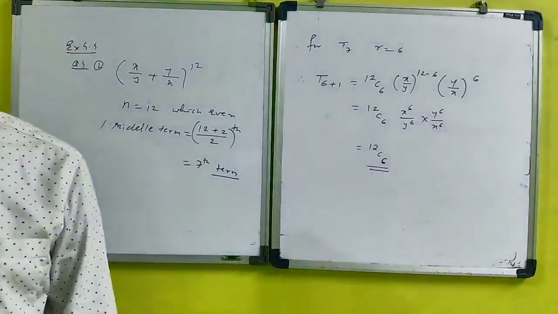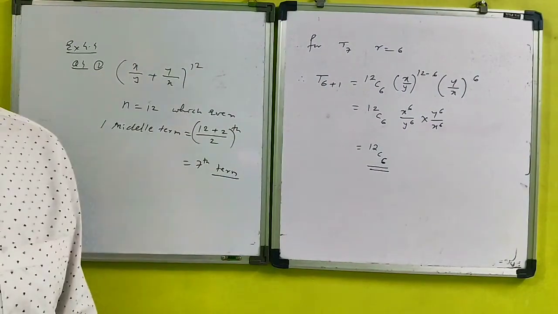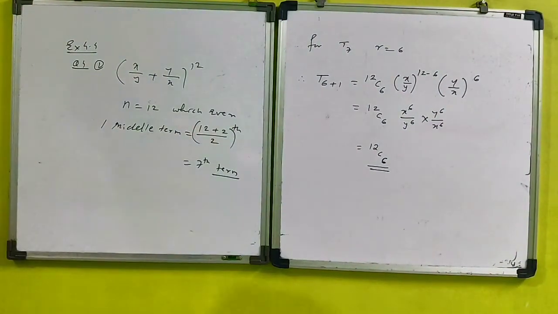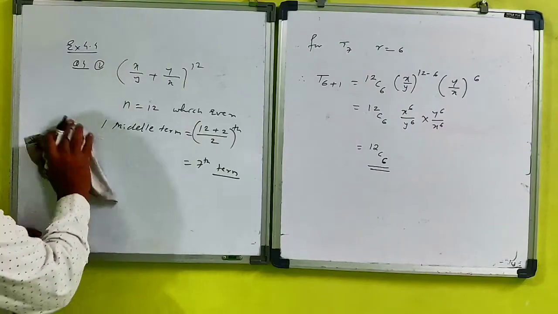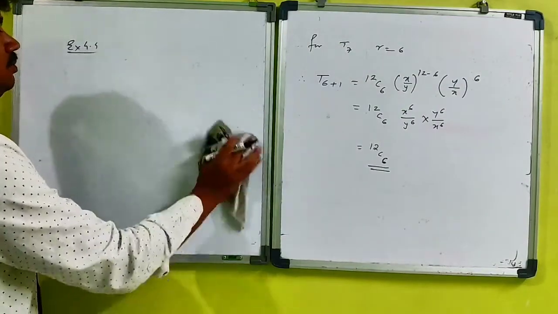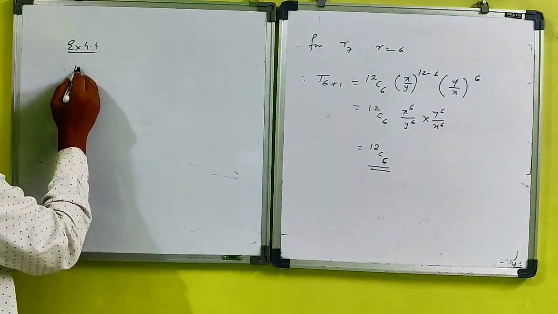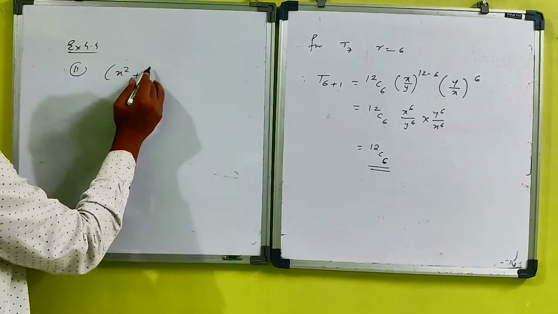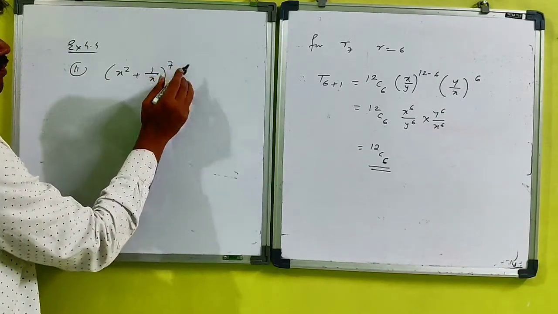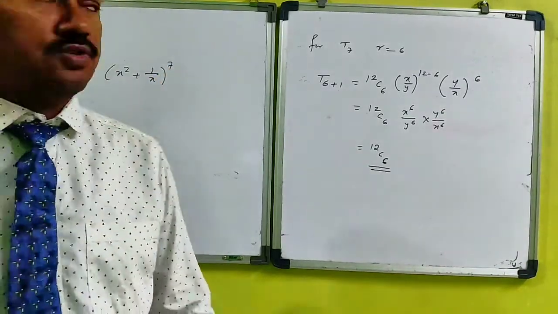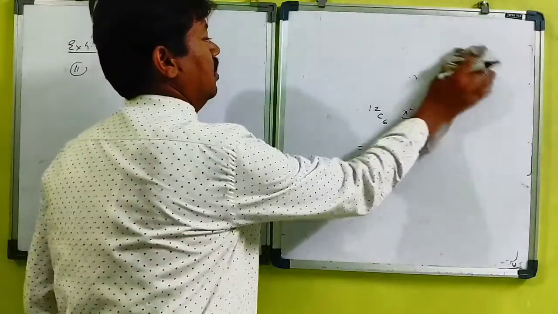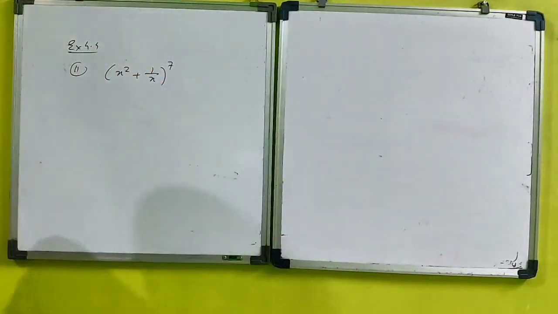Similarly, the next question: (x squared plus 1 upon x) raised to 7. In this case, again you have to find the middle term.